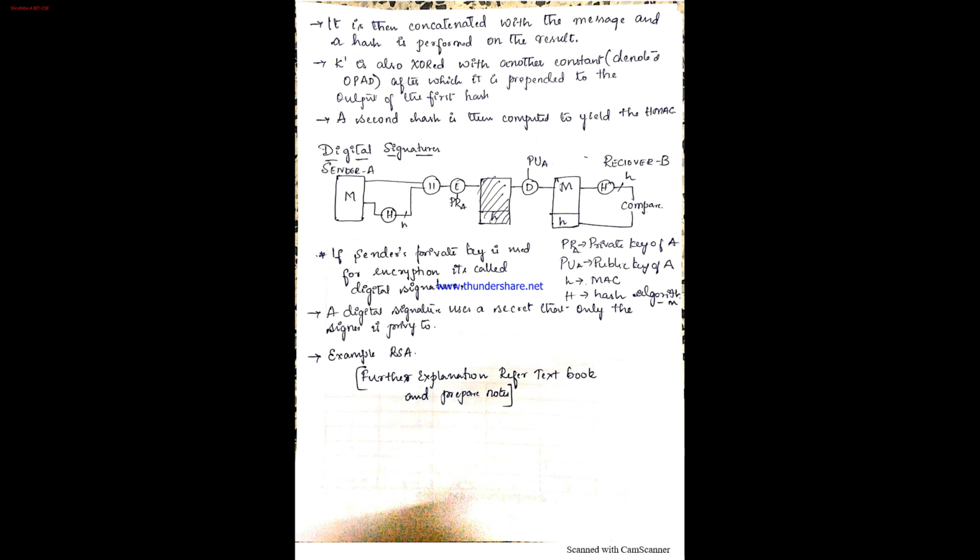What exactly I'm doing here is authenticating that I am the genuine sender who's sending you the data. I'll repeat: as a sender I'll be encrypting the message using my private key. This process is called digital signature.